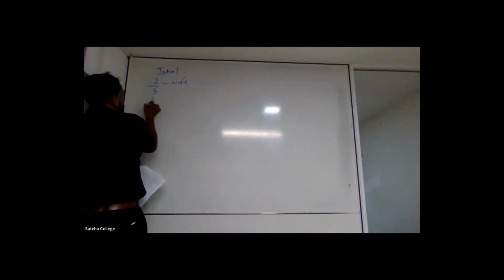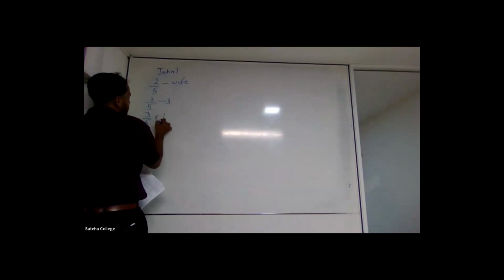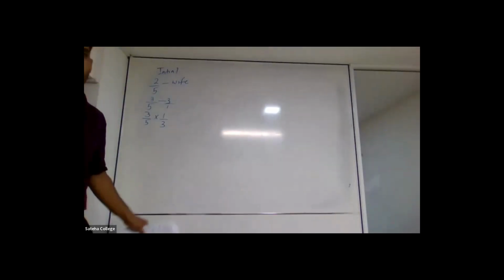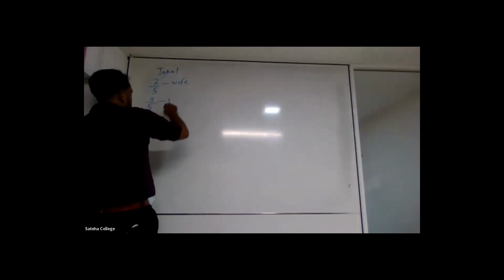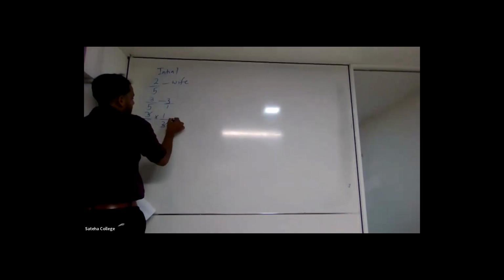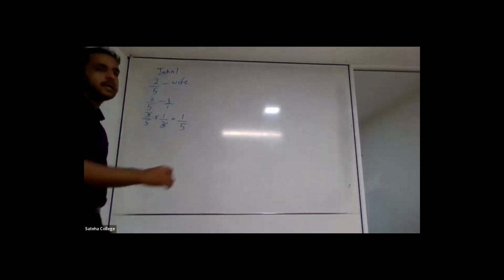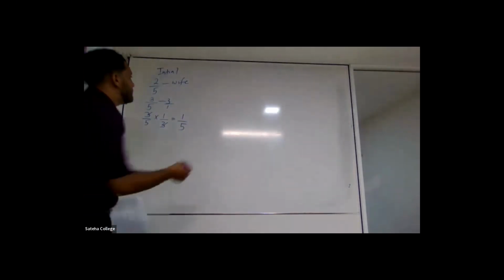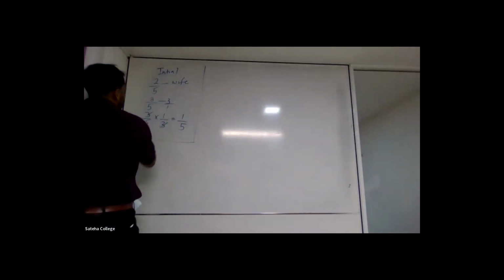Then what is remaining? 3 over 5. 3 over 5 is divided among three sons. Division becomes multiplication, and the reciprocal: remember, all whole numbers have a denominator of 1. So with the reciprocal, you get 1 over 3. So one son will get 1 over 5. This was the initial plan.